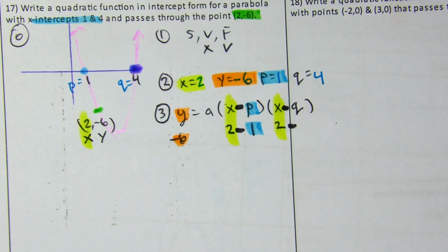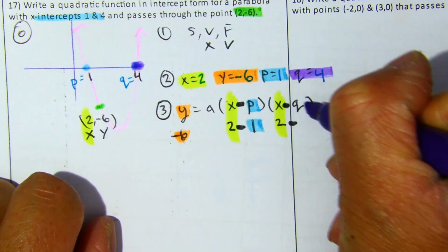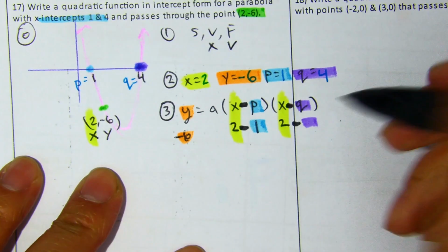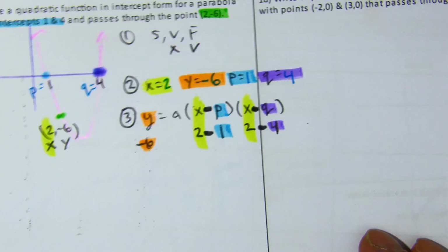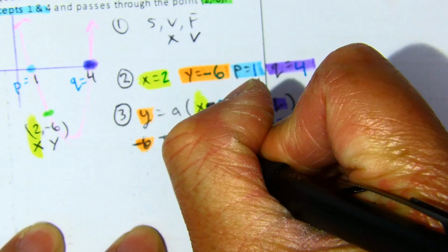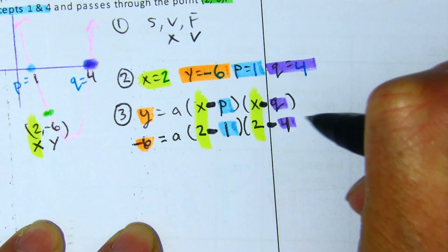No, it says purple. Q is 4. Q is 4. I try not to use purple, it's too dark. Okay, let's go back and write all the other symbols. Equals, A, parentheses, parentheses, parentheses, parentheses.